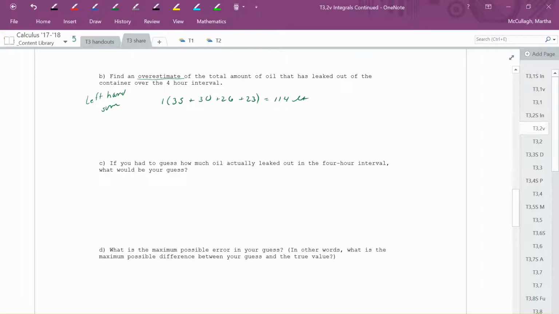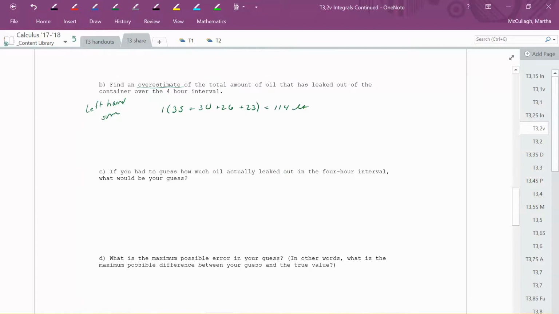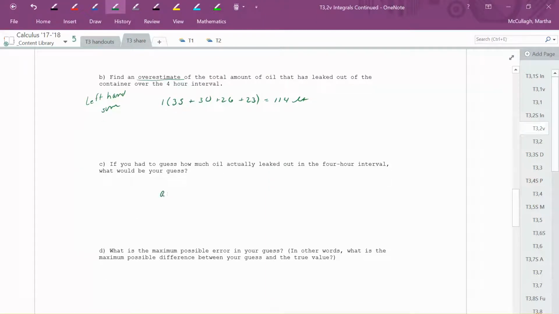If you had to guess how much oil actually leaked out in the 4-hour interval, what would be your guess? Well, technically, the best we can do is to say that the actual amount must be greater than 100 liters and less than 114 liters.